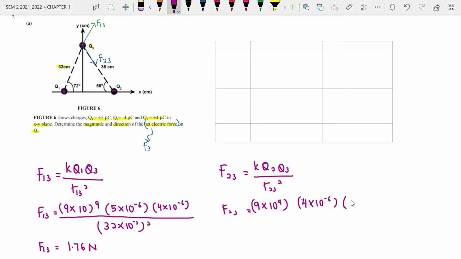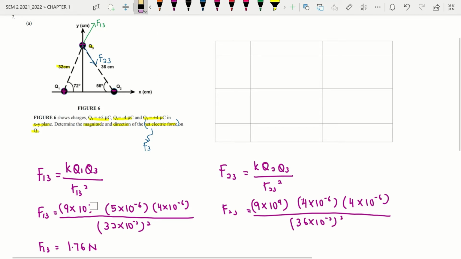And charge 3 is 4 times 10 to the power of negative 6, divided by the distance between charge 2 and charge 3, which is 36 centimeter, and I will change it to meter. Okay, so there's a typo here. 9 times 10 to the power of 9. Alright, so if you press the calculator, you will get the value of 1.11 Newton.